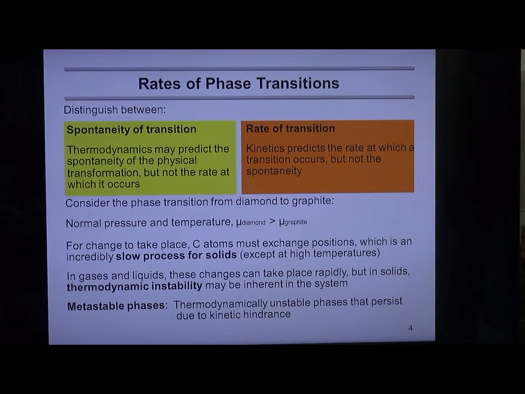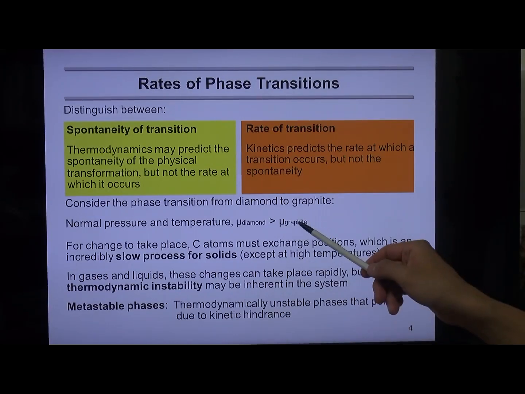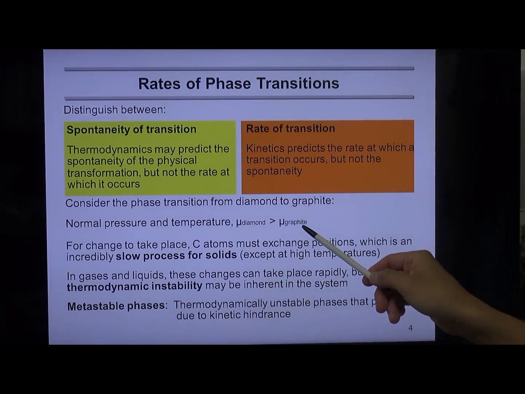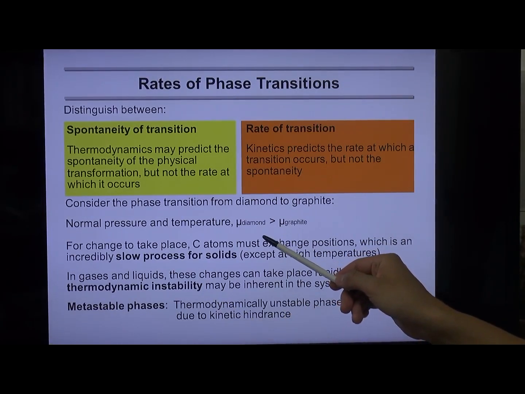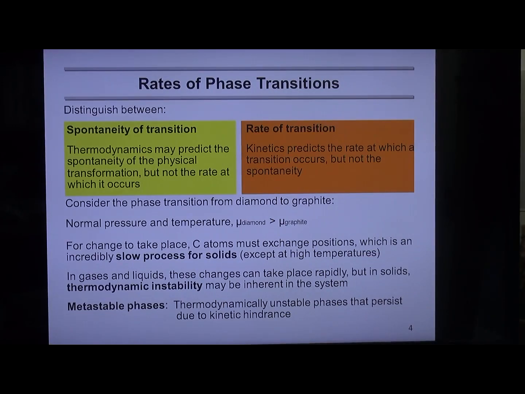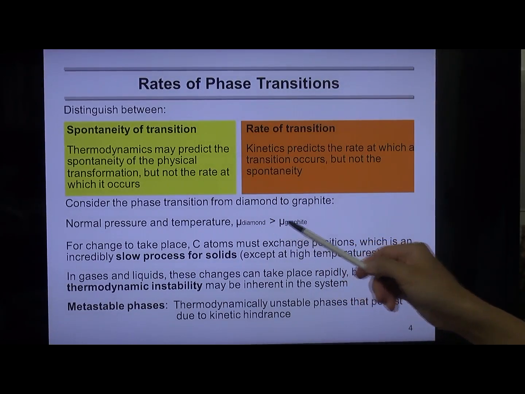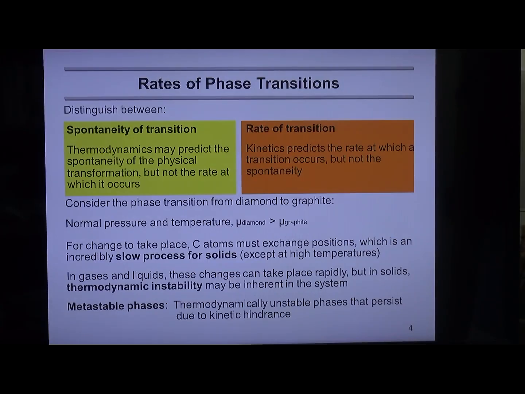So although graphite is more stable thermodynamically, or in other words, diamond is thermodynamically unstable, they exist as diamond rings, because this spontaneous process is really slow.